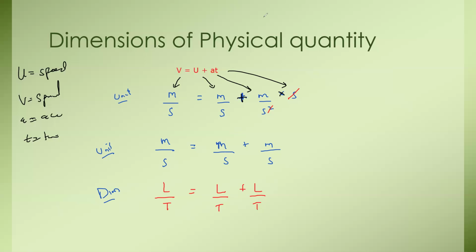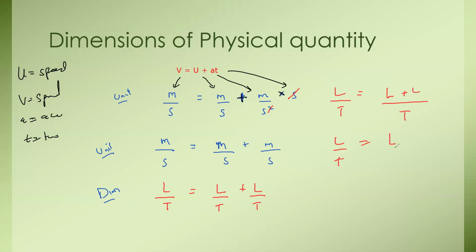Now, if we simplify this, the left-hand side is already simplified. The right-hand side, if I take t as an LCM, it will be L plus L. So what will L plus L be?